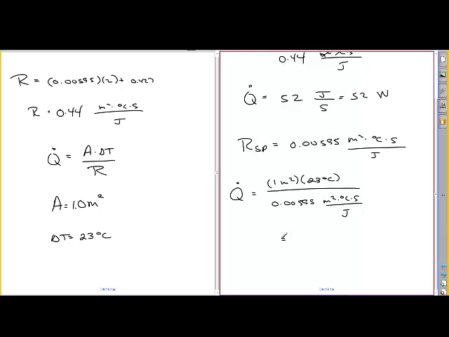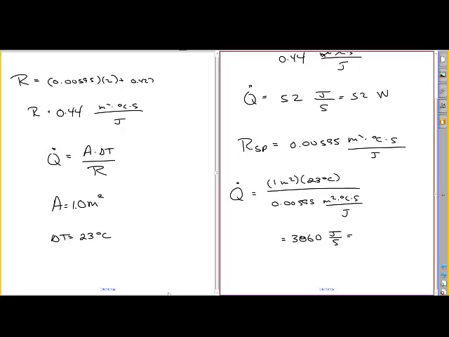And it's a much larger value. 1 times 23 divided by 0.00595 and I get 3,860 joules per second. So it's a huge difference.